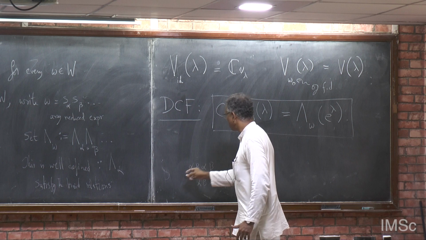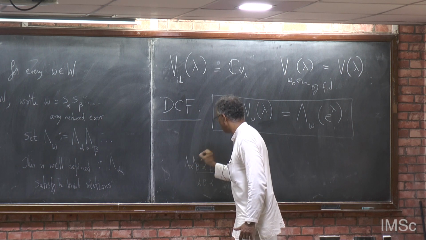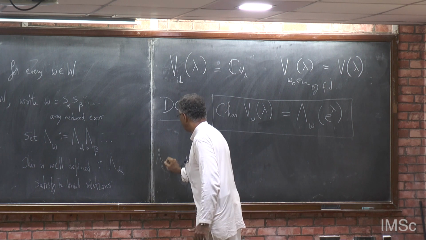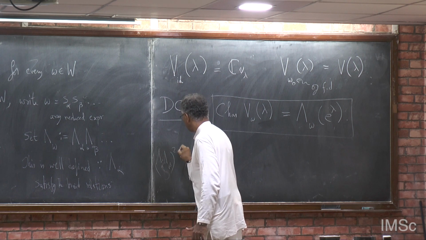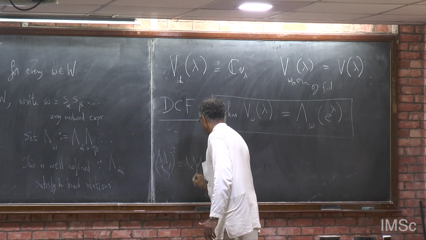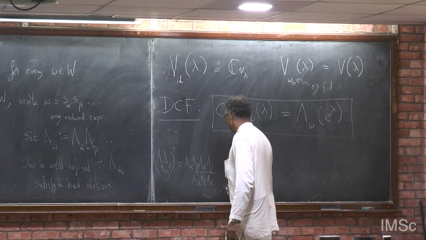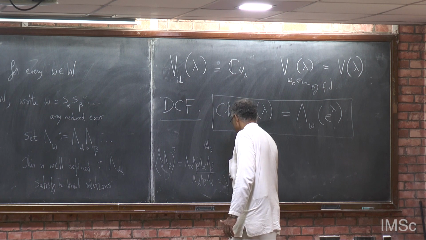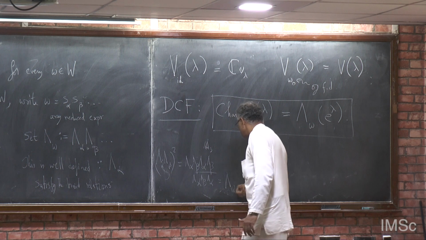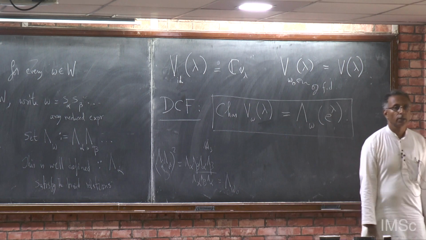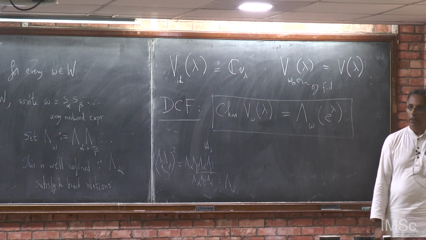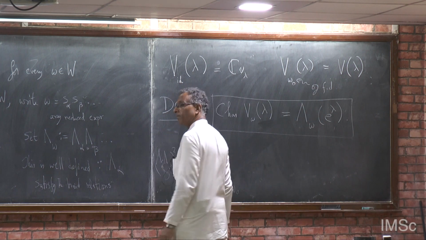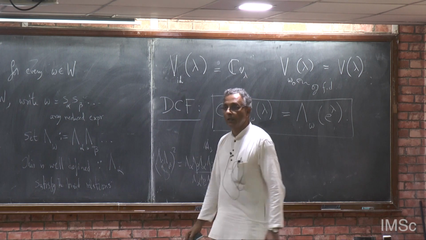In the SL2 case, let's put the lambdas now: lambda alpha lambda beta whole squared is equal to lambda alpha lambda beta lambda alpha lambda beta, which, say we are in SL3, is lambda of w naught. So it's not idempotent.